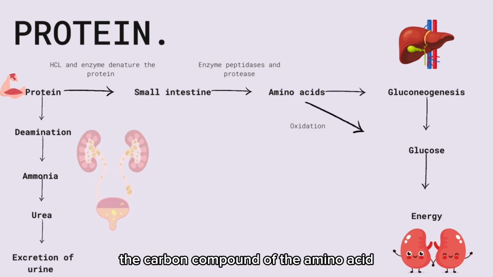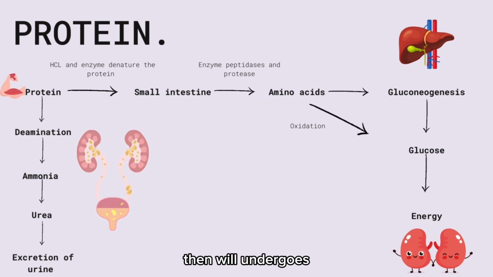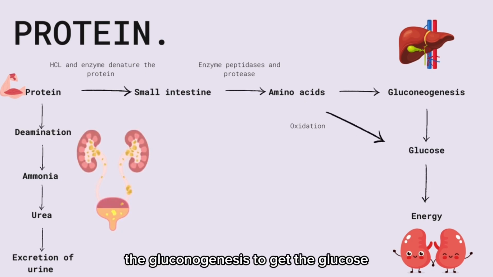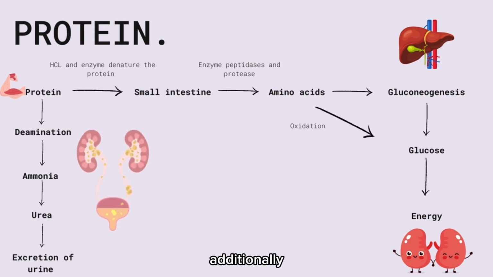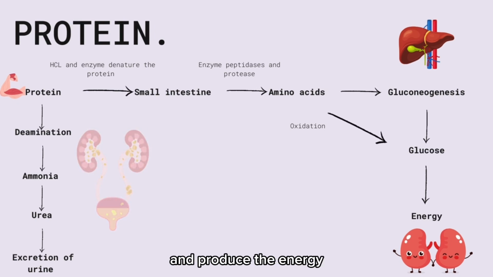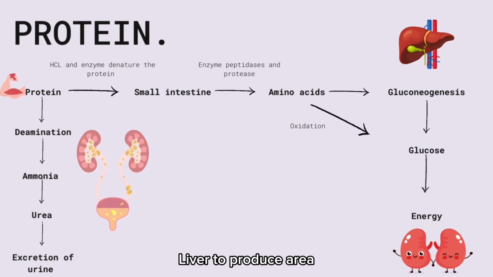The carbon compound of the amino acid then will undergo the gluconeogenesis to get the glucose. The glucose will provide the energy for our body. Additionally, some amino acid can directly undergo oxidation and produce the energy. The ammonia produced from the elimination will be synthesized in the liver to produce urea and excreted out by the kidney.